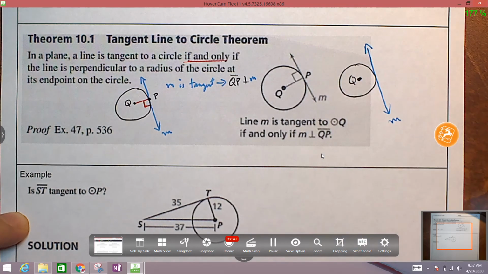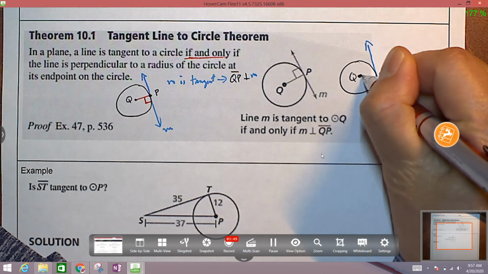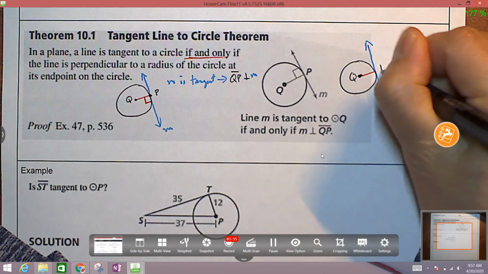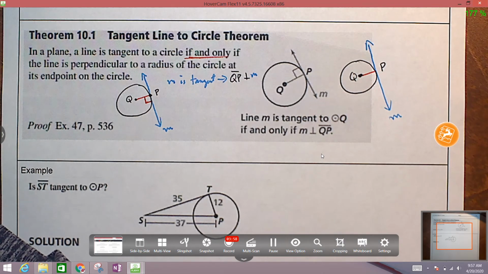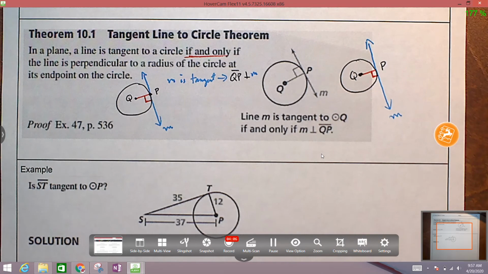We'll call it line M. Line M intersects circle Q, and where it intersects it, we're going to call this point P. This time what we're given is that this is perpendicular. We're given that segment QP and line M are perpendicular. Well, what can we conclude? Now we can conclude that line M is indeed tangent to circle Q.